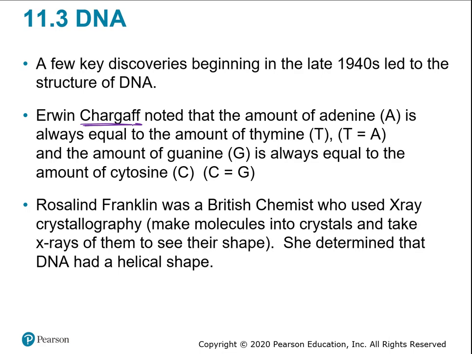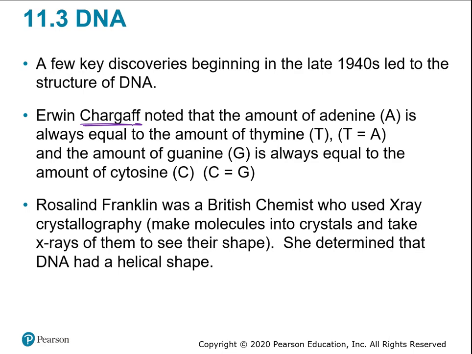So he looked at frog DNA, mouse DNA, human DNA, plant cell DNA. He just kept on collecting different samples of DNA and evaluating the amounts of A, T, G, and C. So one interesting thing was all living things have A, G, T, and C in their DNA.